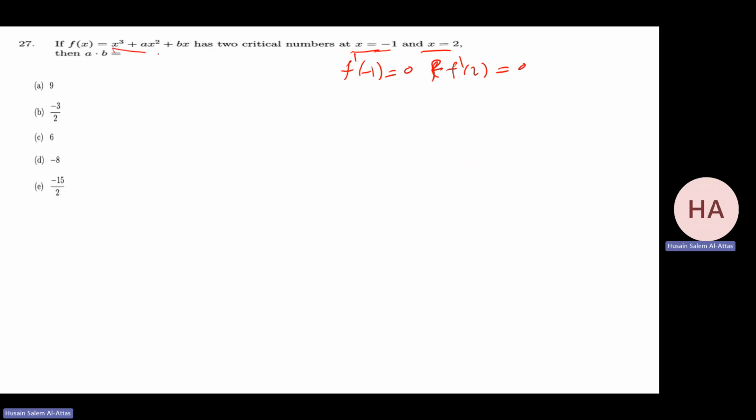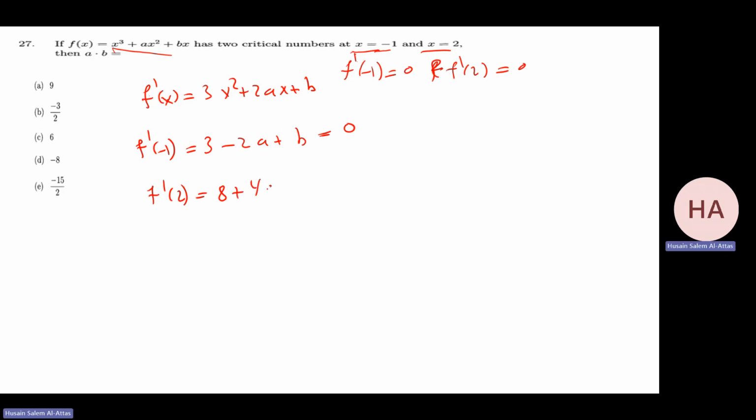This is polynomial, so f prime always exists. So I need to find f prime. That will give me 3x squared plus 2ax plus b. F prime at minus 1 gives me 3 minus 2a plus b. This is 0. F prime at 2 gives me 8 plus 4a plus 2b equals 0.